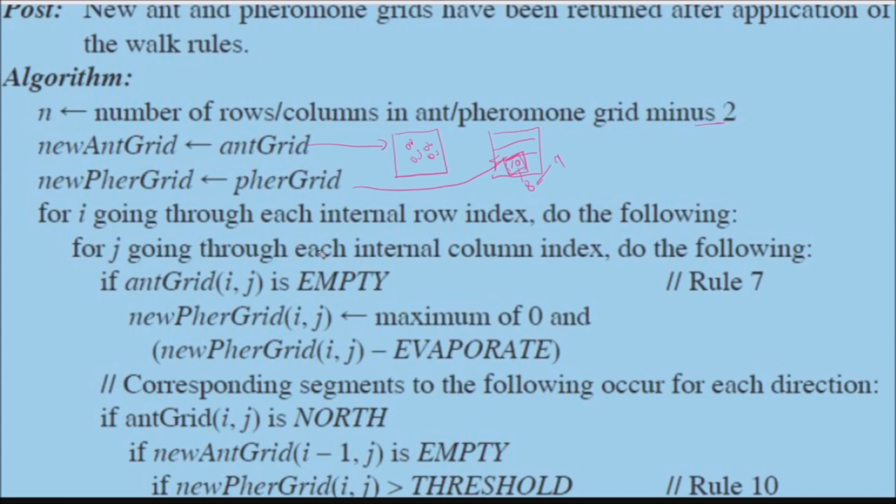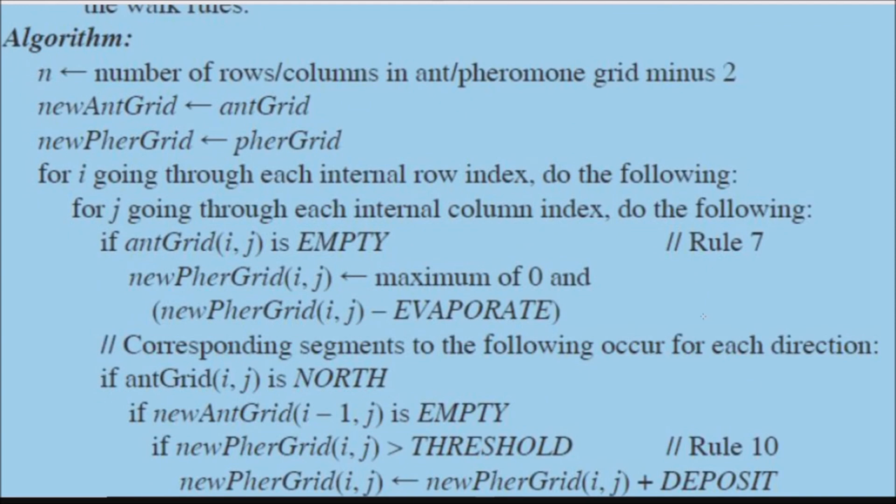And there are two for loops here, with which you can travel through each cell. In this one, for each internal row index, do the following. I will leave the rest, which is the algorithm. I don't want to push you that much.